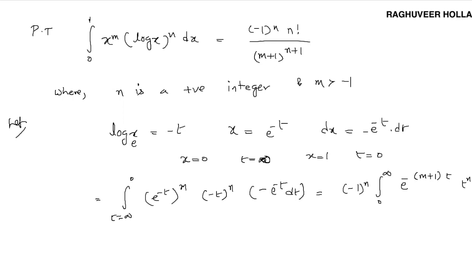Which is equal to minus 1 to the power of n, integral 0 to infinity e to the power of minus (m plus 1) t, t to the power of n plus 1 minus 1 dt.